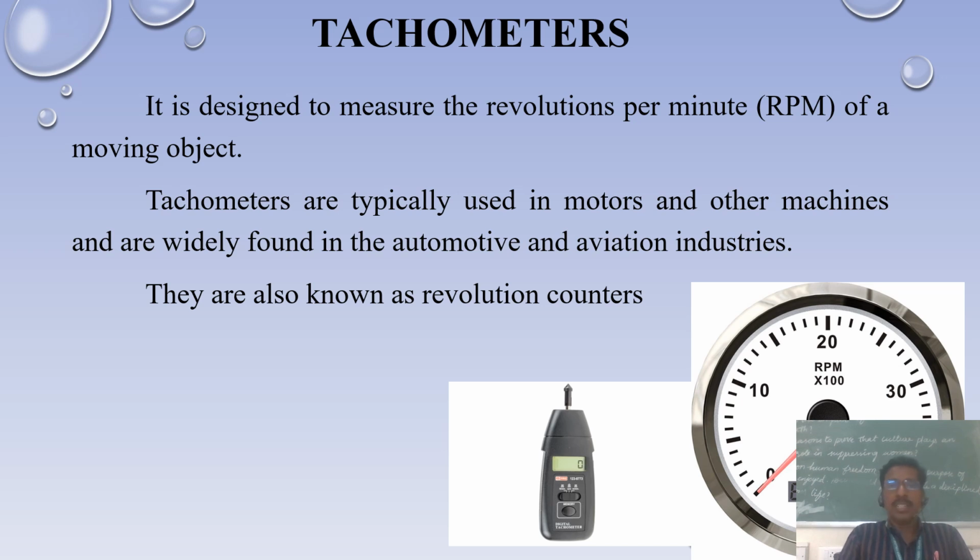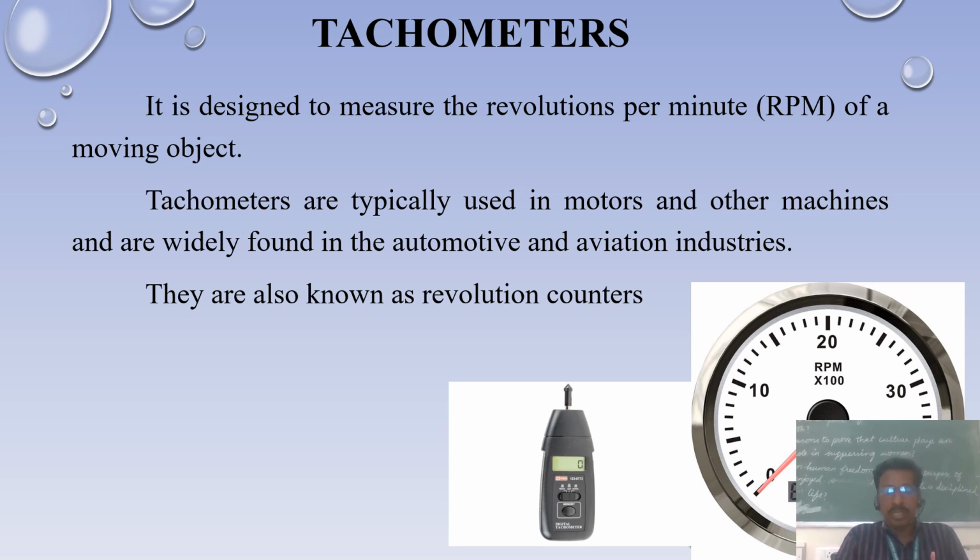So let us see different sensors that will be added into the robotic system. They will measure completely about the robot itself as well as the environment and work area. The tachometer is a meter used to measure the revolutions per minute of a moving object.